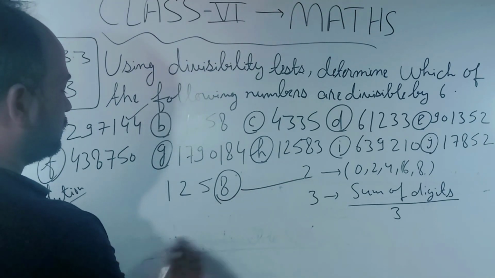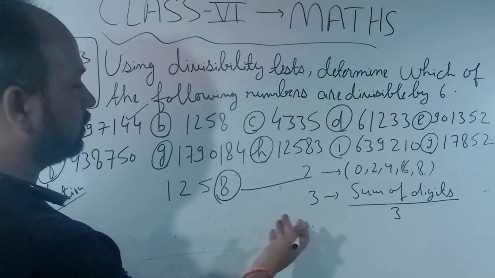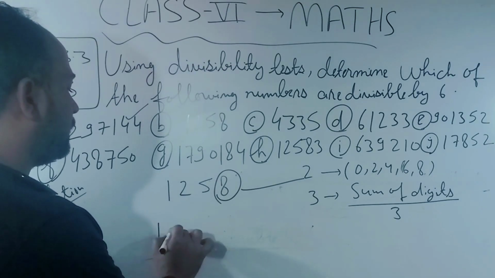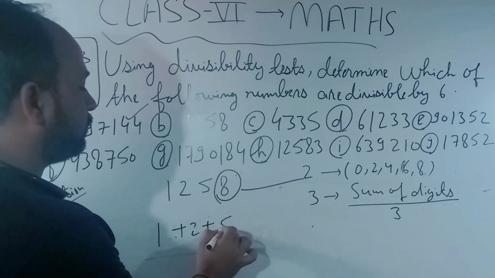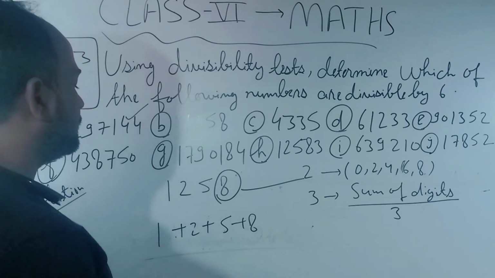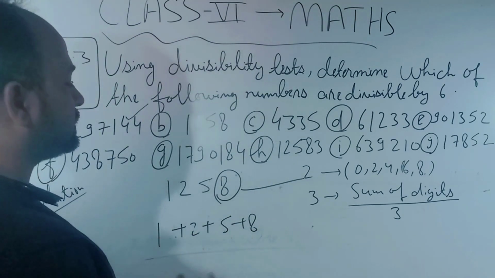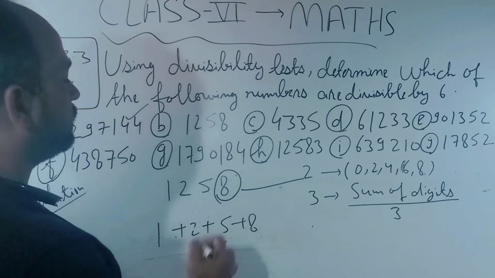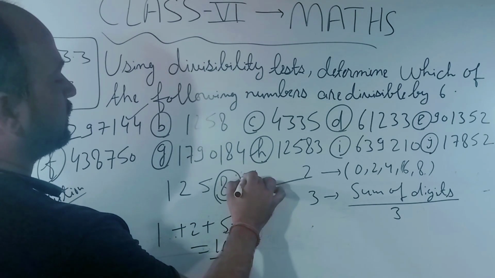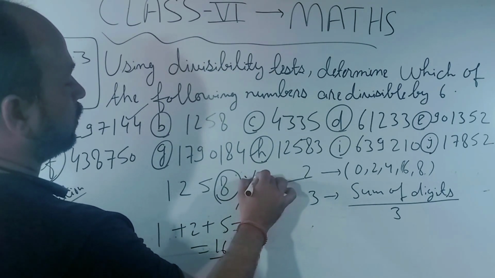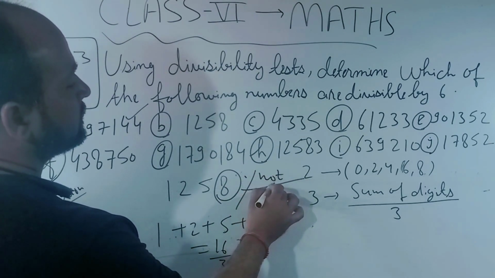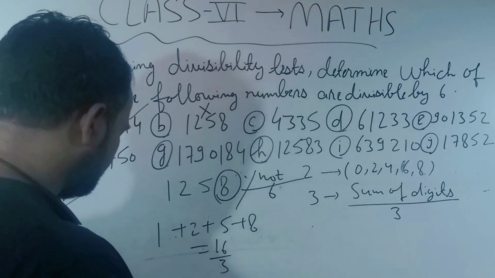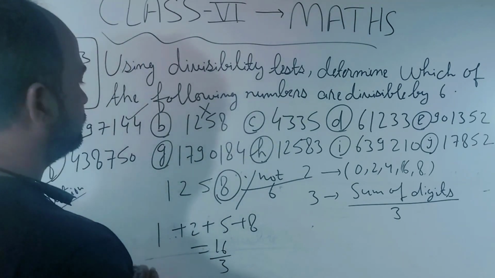Now for checking of 3, we will add all the digits. 1 plus 2 plus 5 plus 8: 1 plus 2, 3; 3 plus 5, 8; 8 plus 8, 16. 16 cannot be divided by 3, so this number is not divisible by 6. Clear? Now we will check another number.